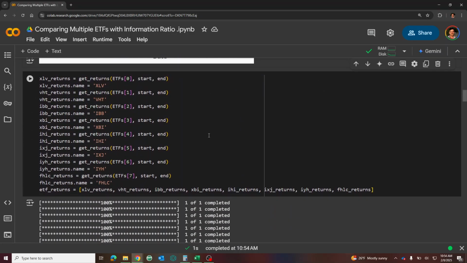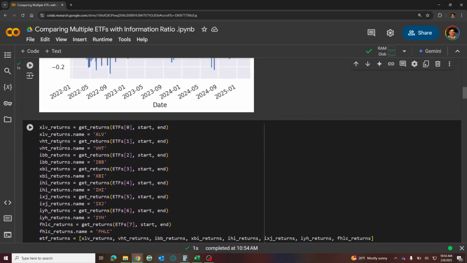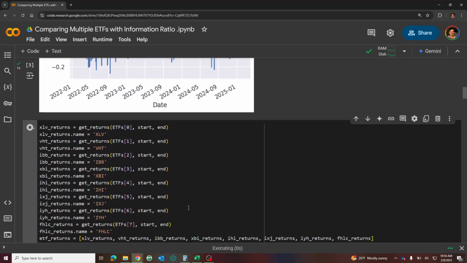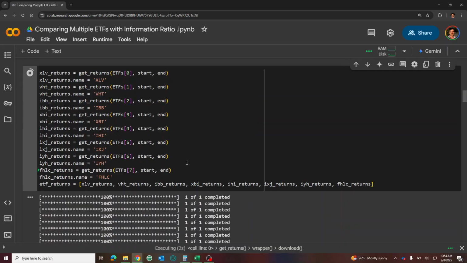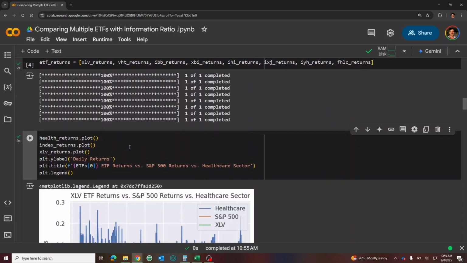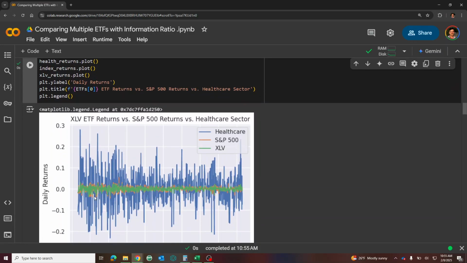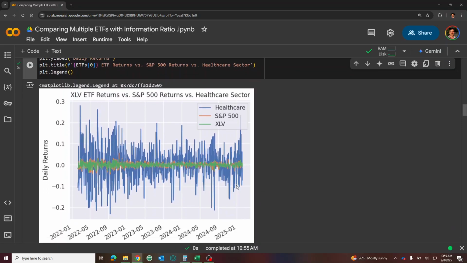Now this big old ugly cell here is just going through and performing the same thing up here, except we're iterating through our list of ETFs and initializing each one individually. So we've downloaded them all, and now we're looking at the XLV returns plot versus the S&P 500 and the healthcare index.